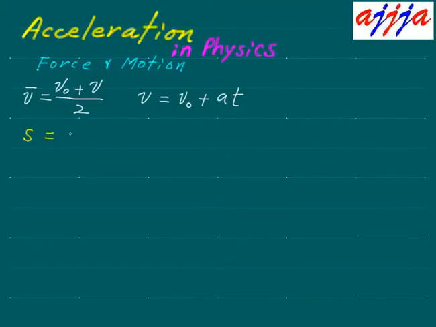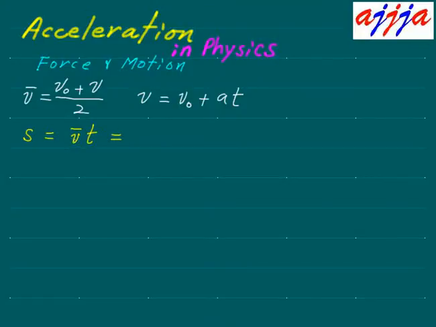Distance is simply rate times time, right? So we must use average velocity. Average velocity times time. That means this is rate times time, same as before. You remember that? Long time ago.